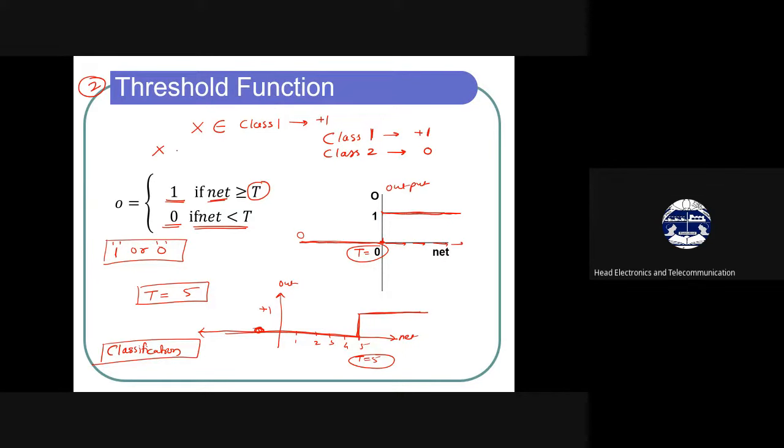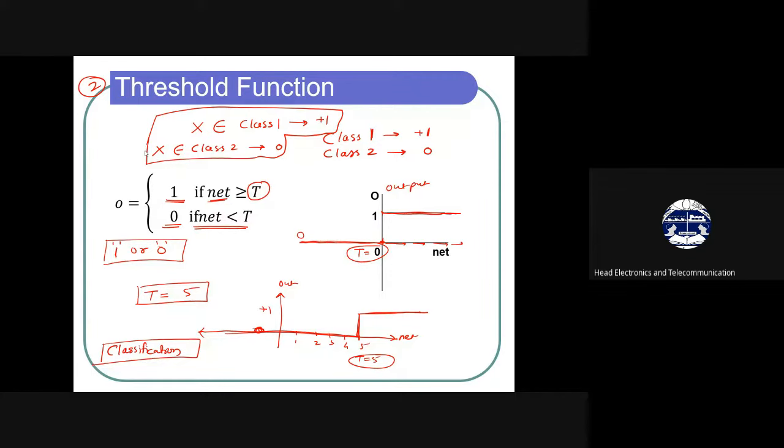Whenever your input X belongs to class 2, output will be 0. This is the use of this threshold function.